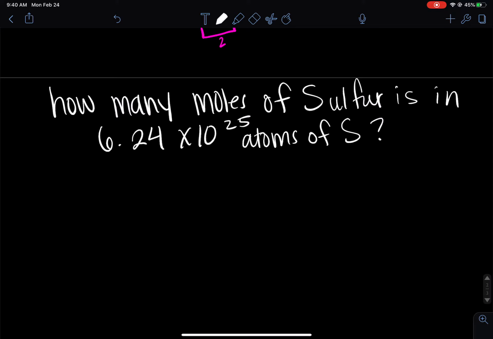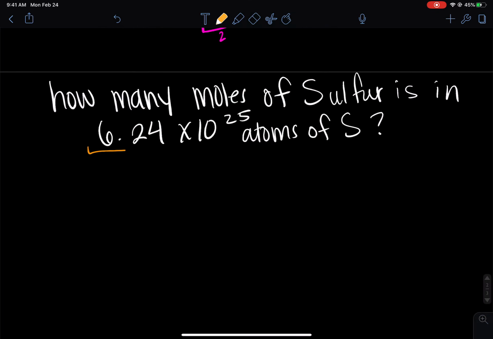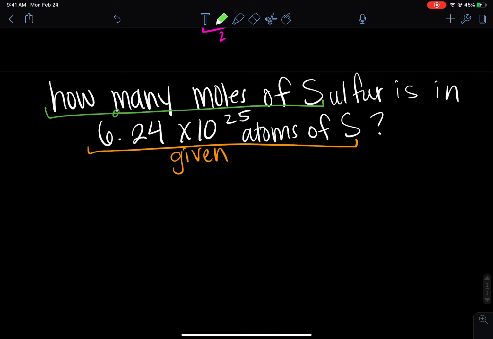Okay, so again, we have to figure out what our given is and what our goal is. Your given will be the number, and your goal will be what you're asked for. So how many moles of sulfur?